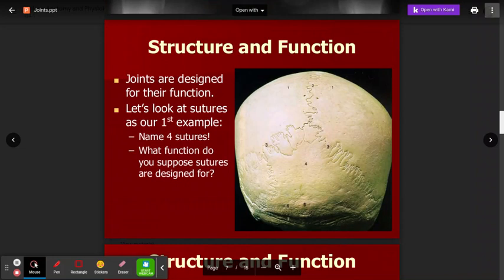It's just metopic. No A. Metopic? Yep. Coronal. And sagittal. Okay, and we said that they're designed for growth, to allow growth.